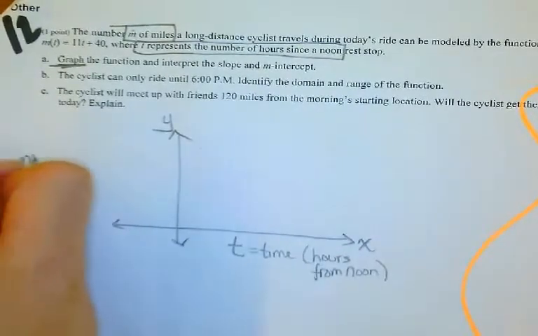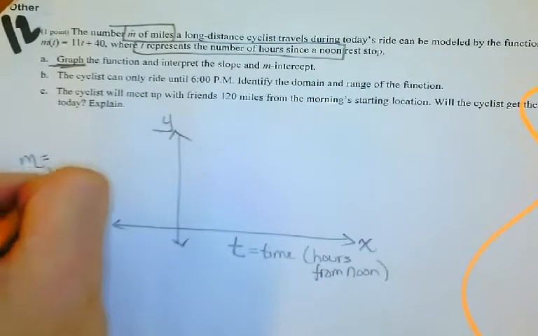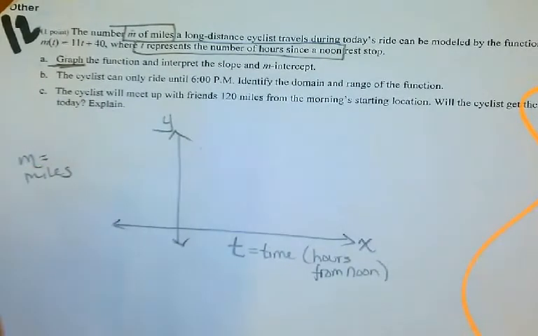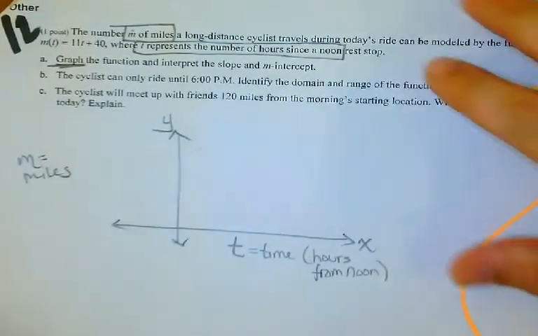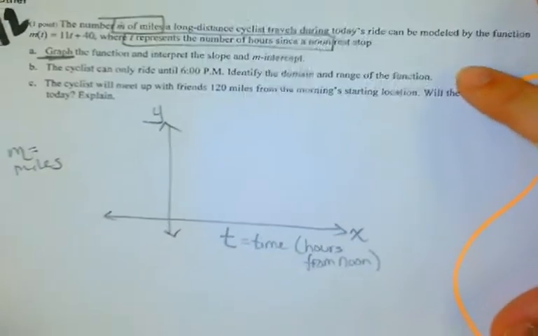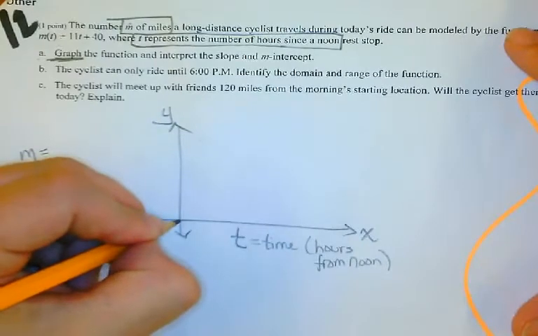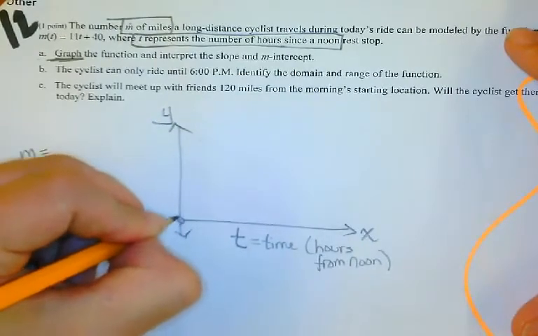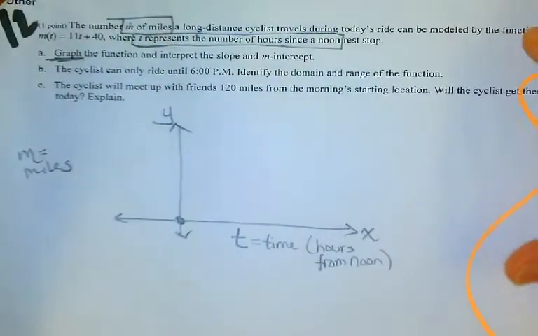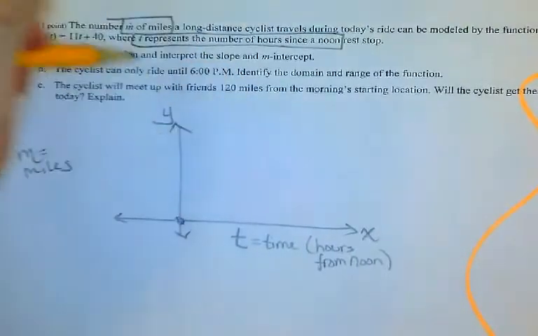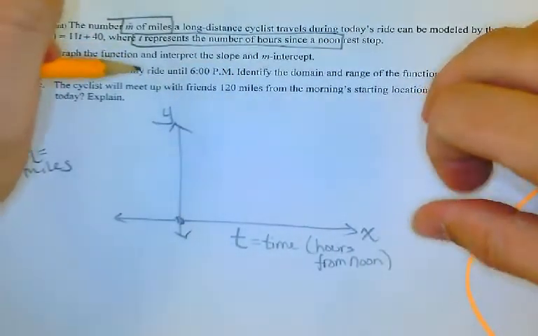And this is M for miles. At time 0, when time is 0, we have ridden our bike 0 miles, no miles.